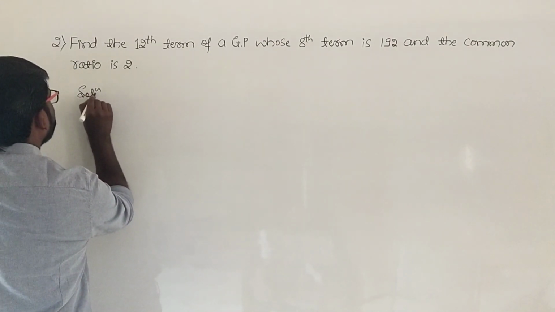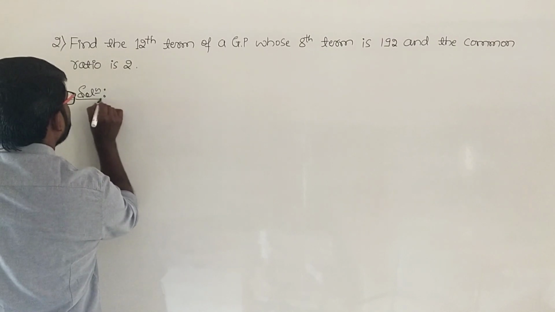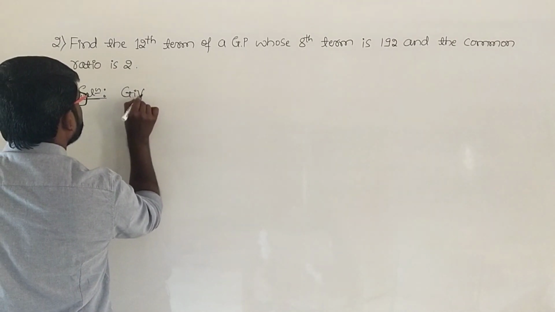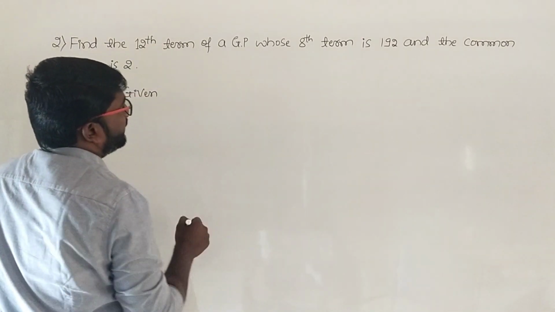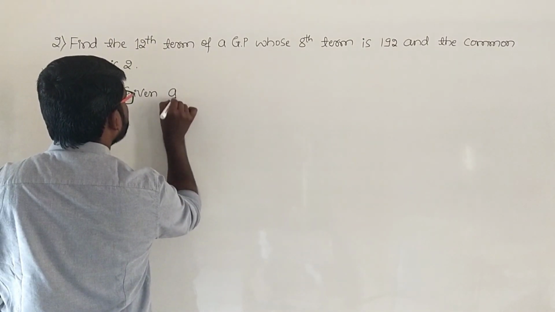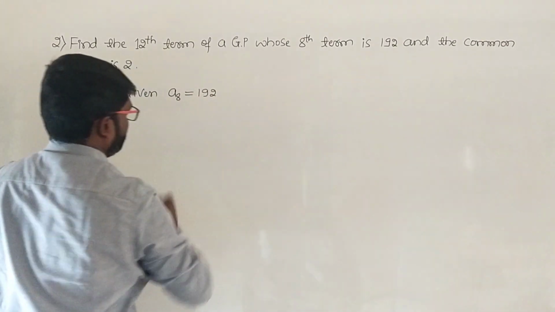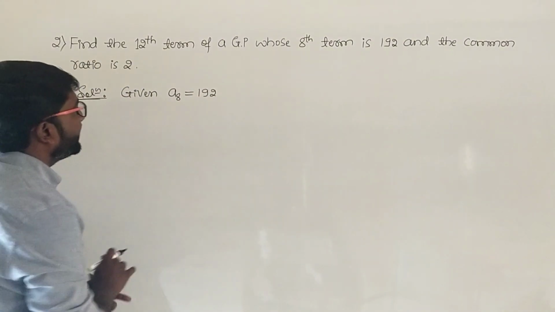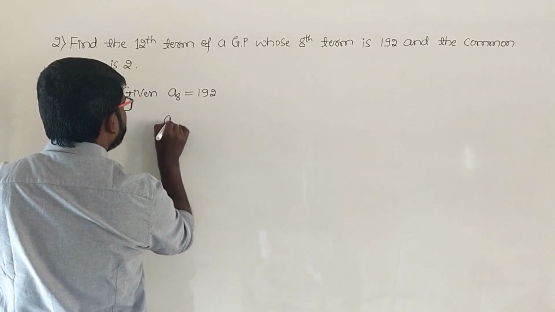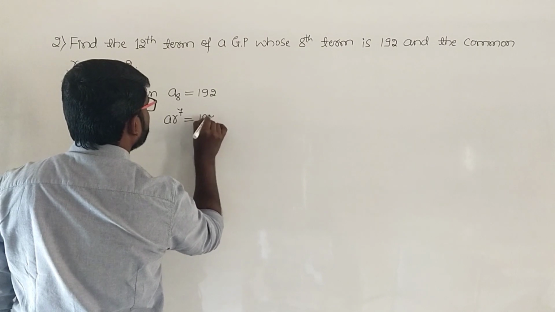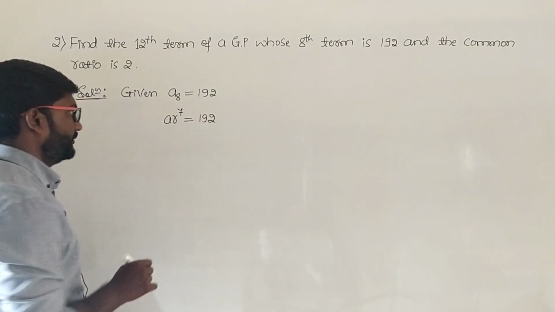We'll write the given information here. Given A8 equals 192. What is A8? It is A into R raised to 7, which equals 192.